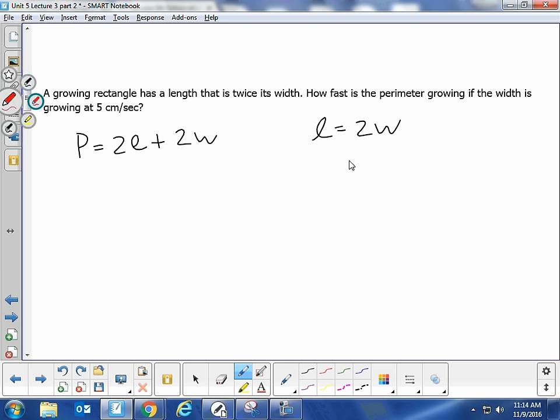For this rectangle, this is a fixed relationship. Okay. We're asked how fast the perimeter is growing, so that's dP/dt, when the width is growing at 5. dW/dt equals 5.